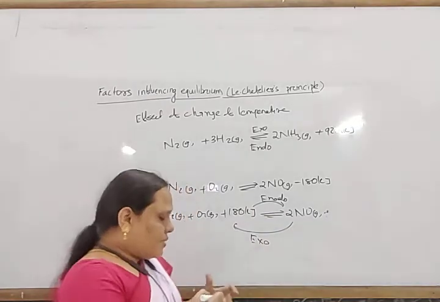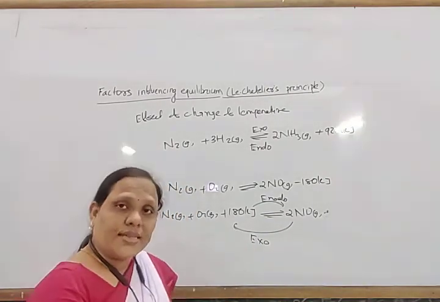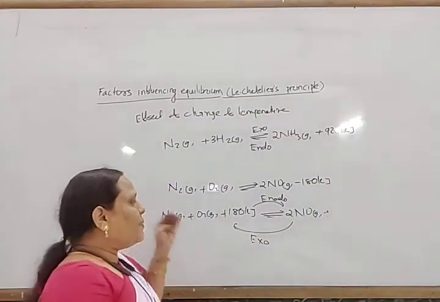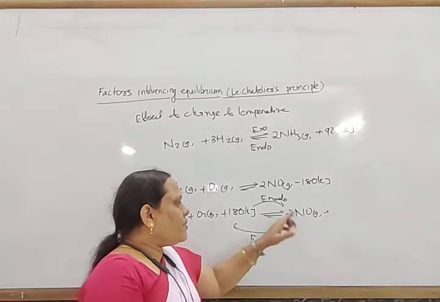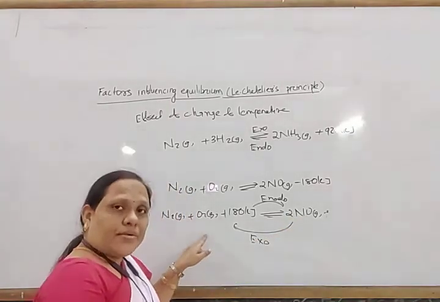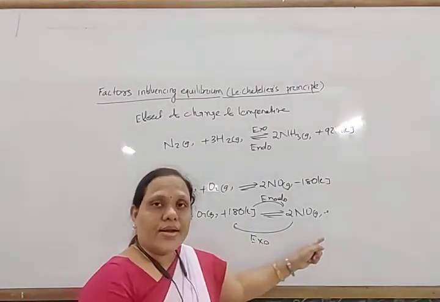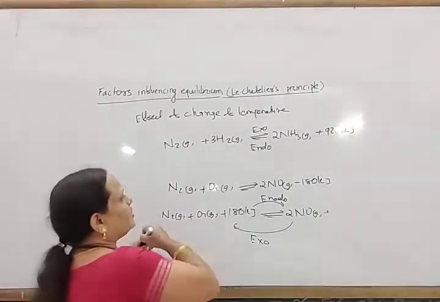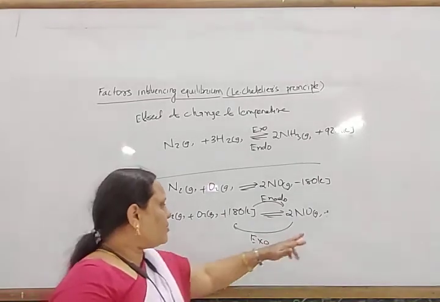So in this case, if you increase the temperature, the equilibrium will shift forward, and if you decrease the temperature, the equilibrium will shift backward. These two examples are reverse conditions.